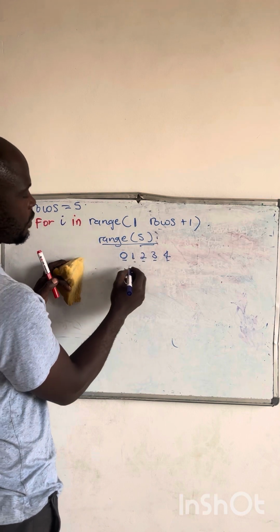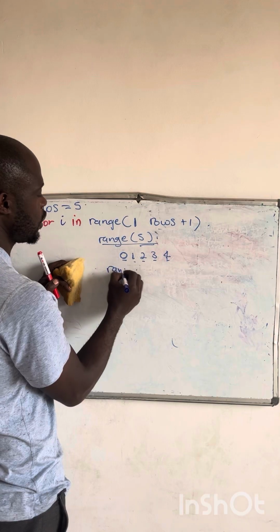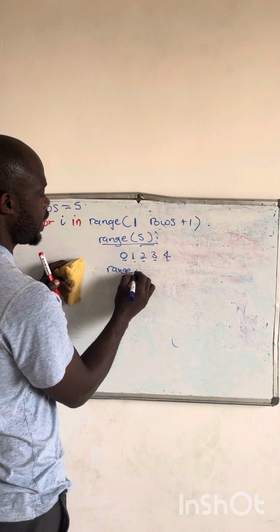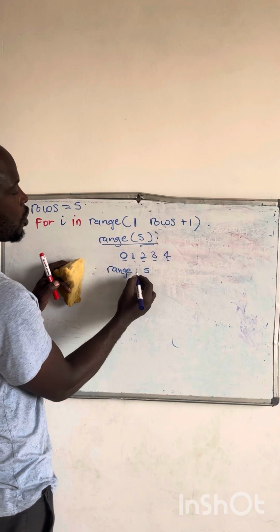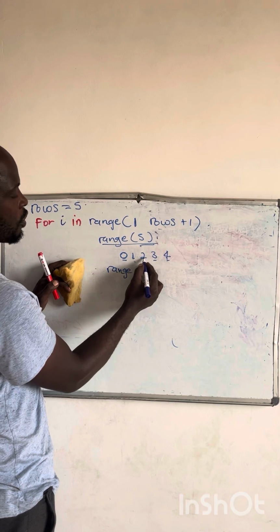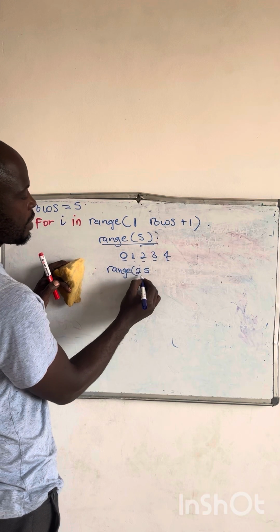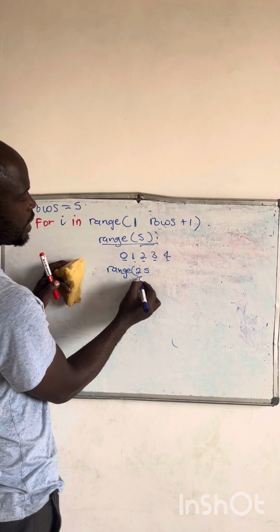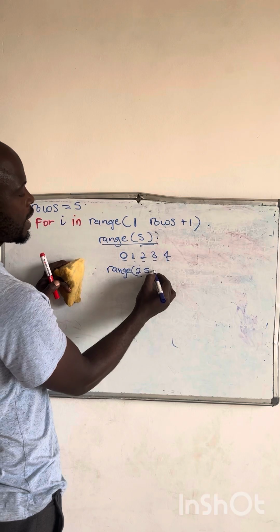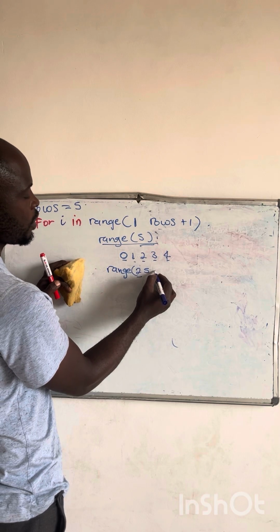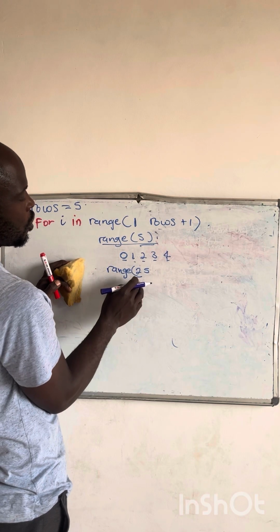So for example, you can say range 5, but give it a start value, whereby if you want the range to begin from 2, you put 2 here in the beginning. So this will be the start value, and this will be the range, and the value you put last will be the increment.